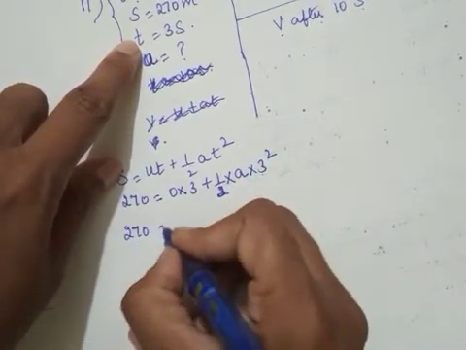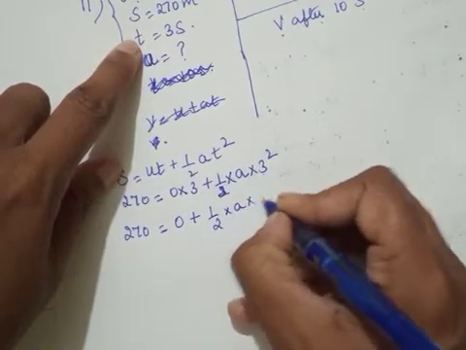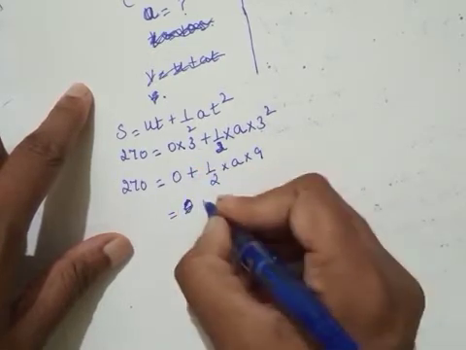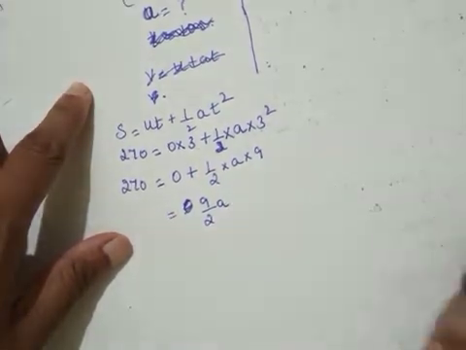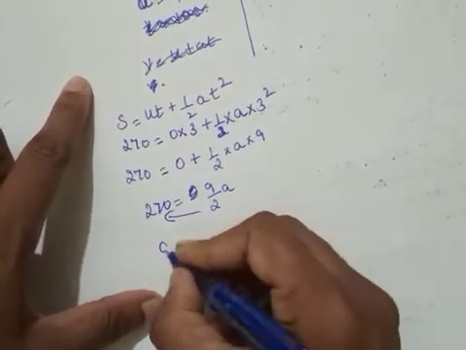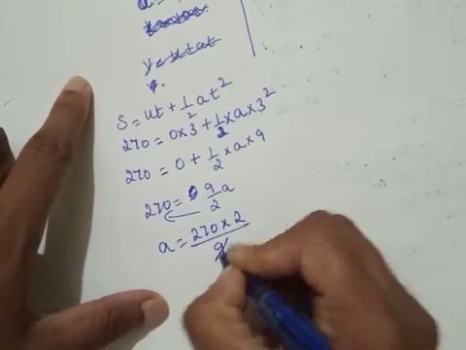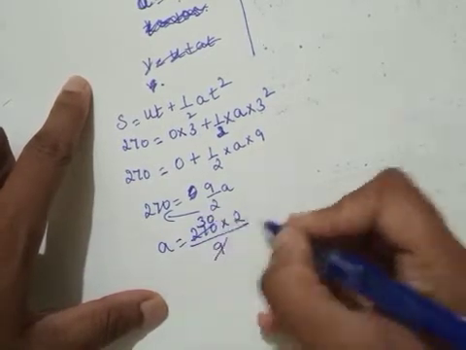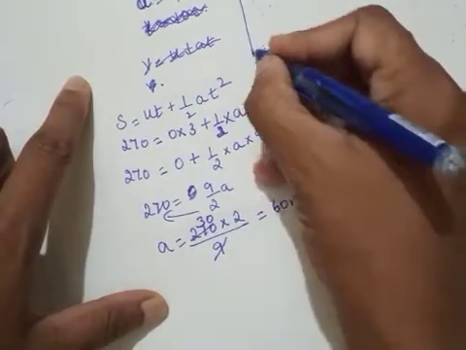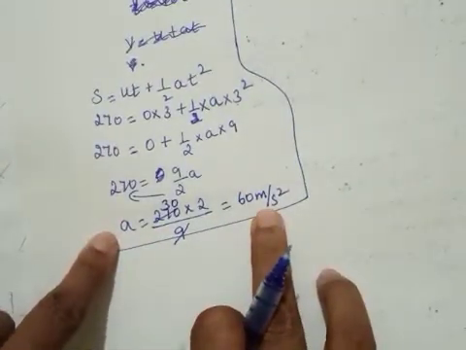So 270 is equal to 0 plus half into A into 9, or 9 by 2 A. You can bring this side, A will be 270 into 2 upon 9. So 9 3s are 27. So it is 60 meter per second square. So first you will find the acceleration, that is 60 meter per second square.